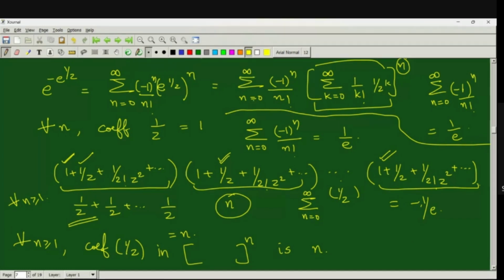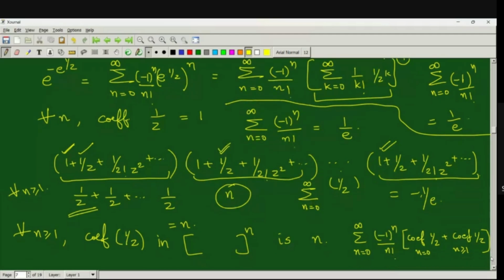Now comes the coefficient of 1 by z in the entire series. So what is the coefficient of 1 by z? This is summation n equal to 0 to infinity of (minus 1) power n by n factorial, times the coefficient of 1 by z for n equal to 0, plus the coefficient of 1 by z for n bigger than or equal to 1. Got it?